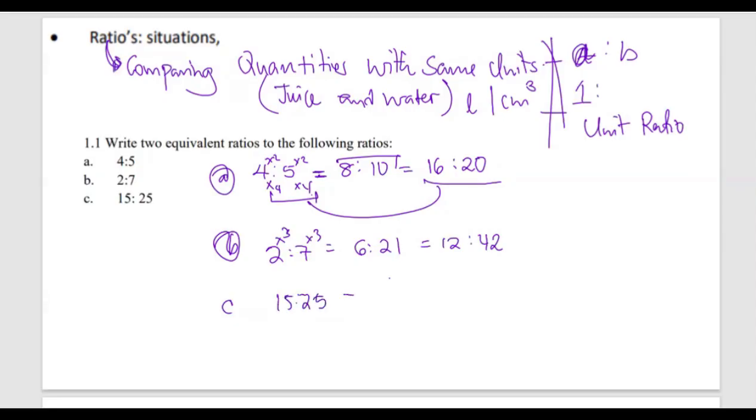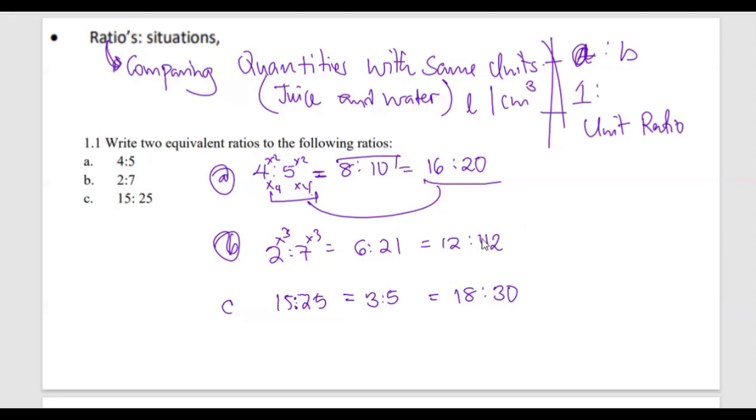This could be the same as 3 is to 5 when you divide through by 5, or the same as 18 is to 30. It's the same fraction that you will get.